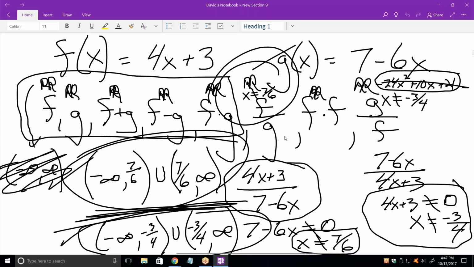F over g? Yeah, I typed it exactly how it said, though I think it was just a glitch in the computer system because I typed it the exact way it said and it just didn't work. The way it said or the way I've written it? No, the way it said. I typed it the exact way it said and it didn't work. Not quite sure what you mean.